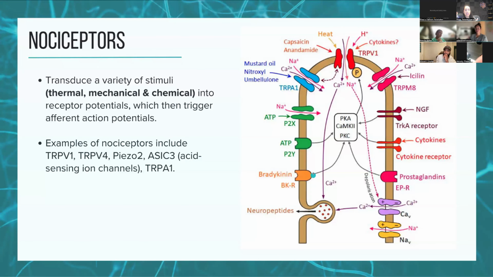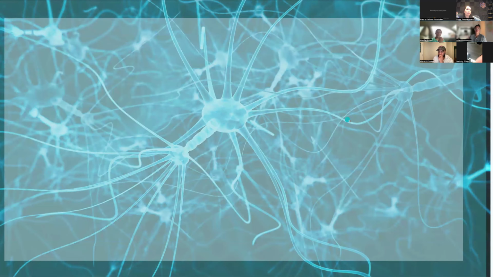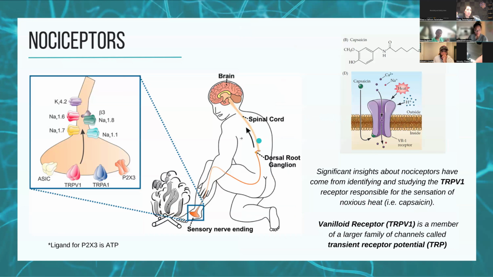And a lot of these nociceptors are then coupled to these ion channels here. And we're going to talk about that in the next slide. So these ion channels here, you could see the nociceptors are on the free nerve ending, like TRPV1, and they're coupled to these ion channels here, which are your sodium and potassium channels, and very specific ones.